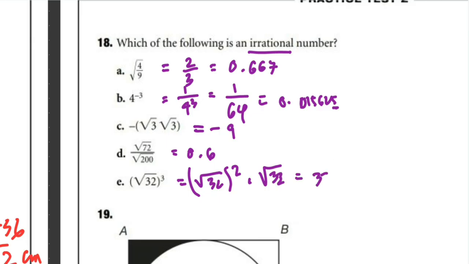So this is 32 square root of 32. Hold on. Okay, 32 can be written as 16 times 2. So this is 32 times 4 square root of 2. This is 128 square root of 2.